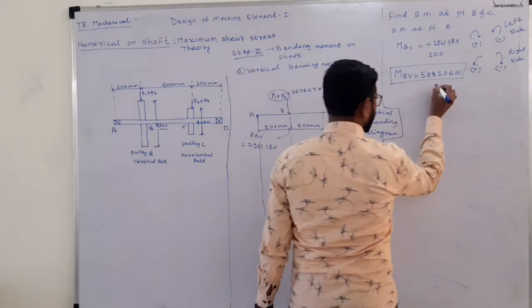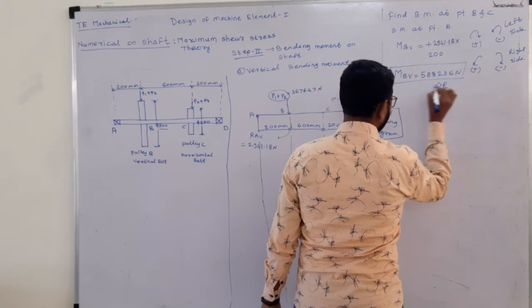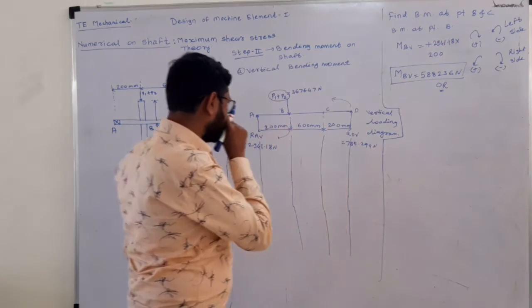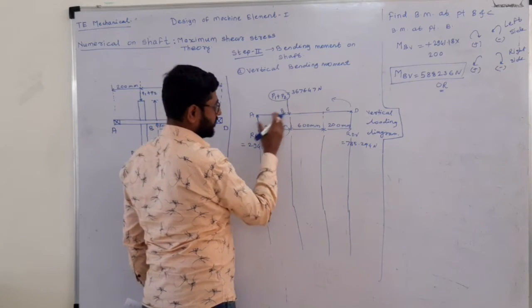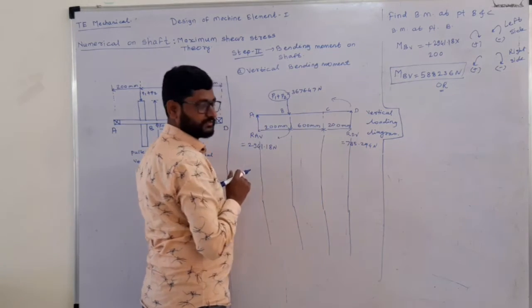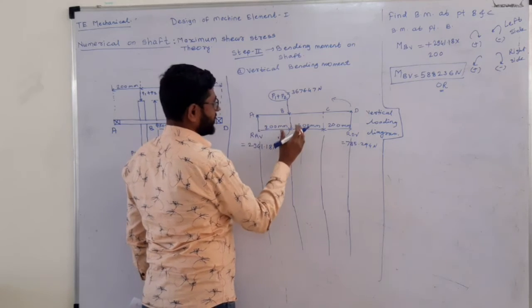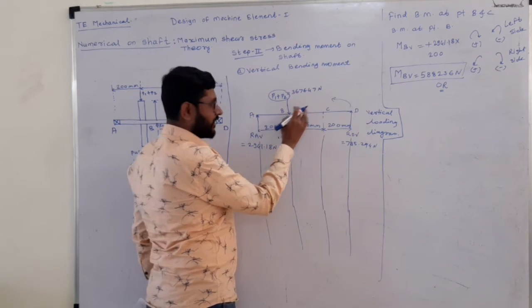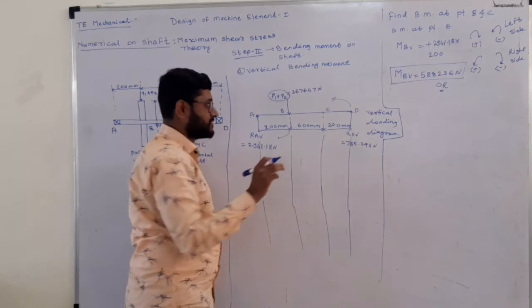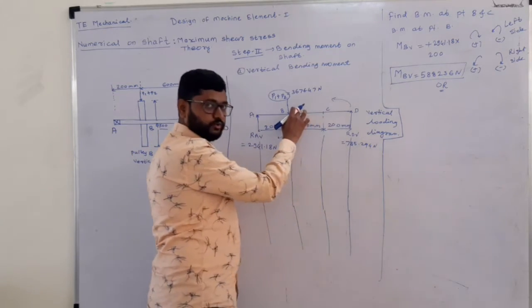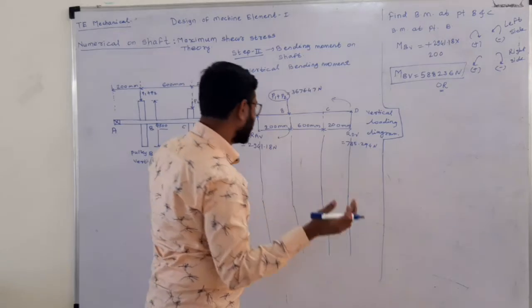Or in another way, we can also calculate the bending moment at point B by considering the right side forces. Students, remember that while considering right side forces, you have to take sign conventions as anti-clockwise positive and clockwise negative.